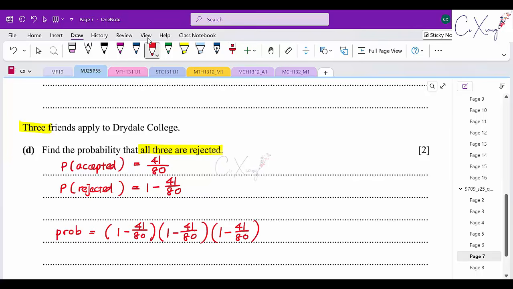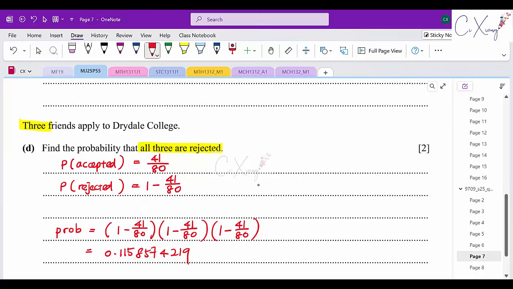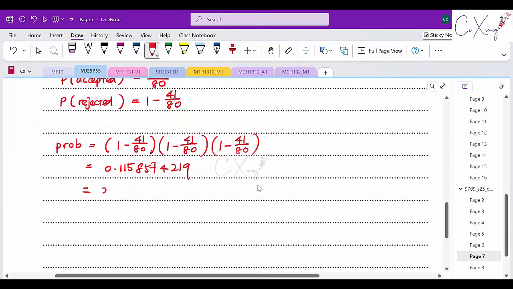Okay, because all 3 of them are rejected. So you can write 1 minus 41 over 80, power 3. Then again, very easily, you can get the answer 0.1158574219. And then after that, what is the correct final answer here? It will be 0.116, correct to 3 significant figures.